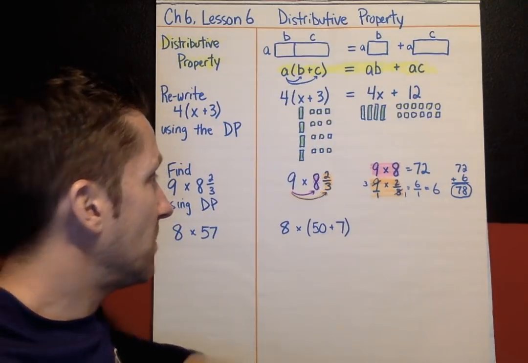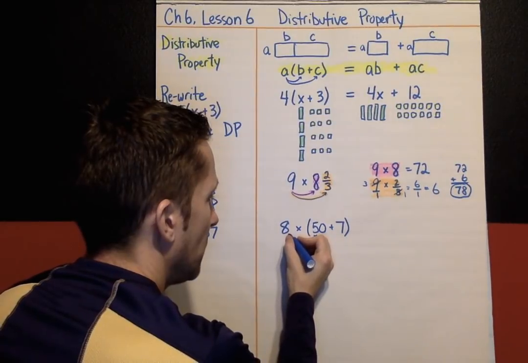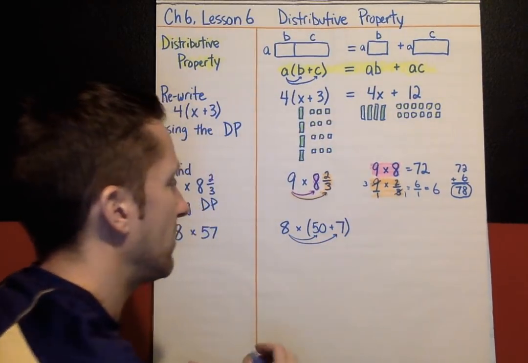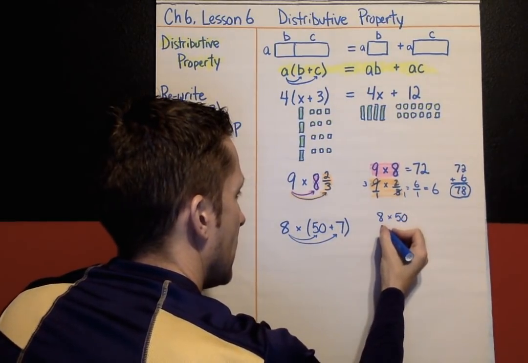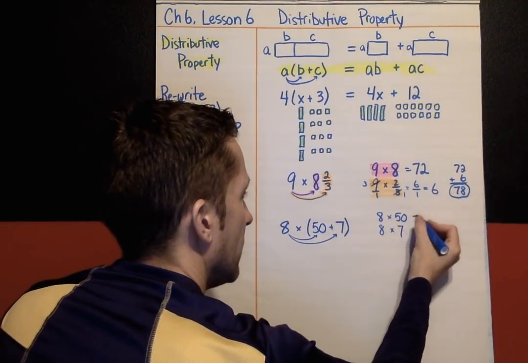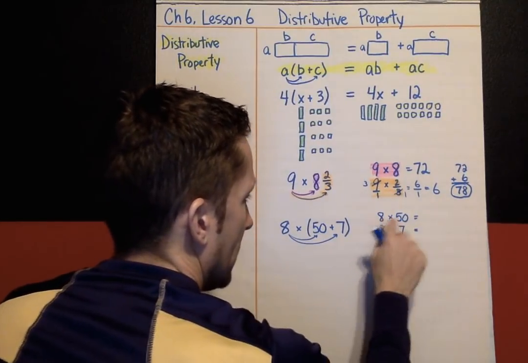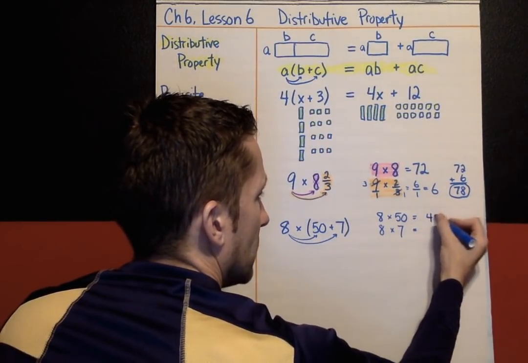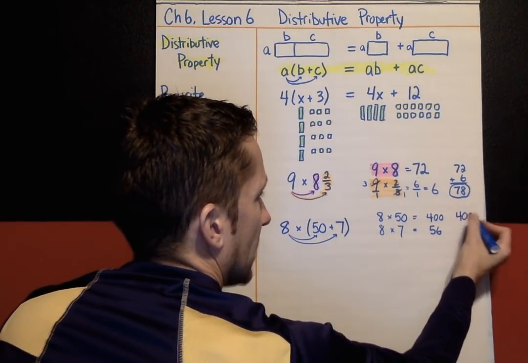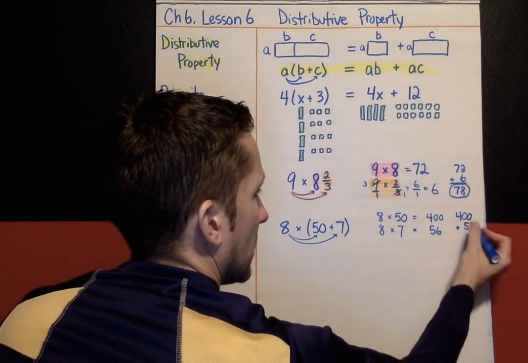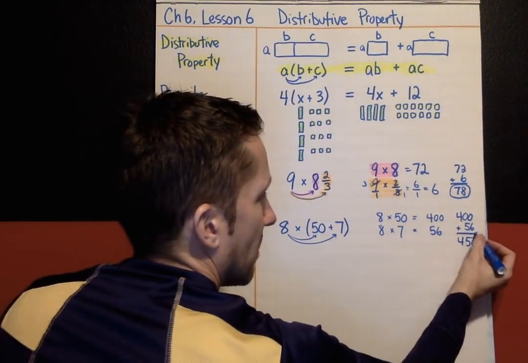So now I could do the same thing, distributive property, 8 distributed to the 50 and 8 distributed to the 7. So we're going to solve 8 times 50 and 8 times 7 and put those two amounts together. 8 times 50: 8 times 5 is 40, add a 0, 400. 8 times 7 is 56, and then just like in this example, we combine, add. 456 would be our answer.